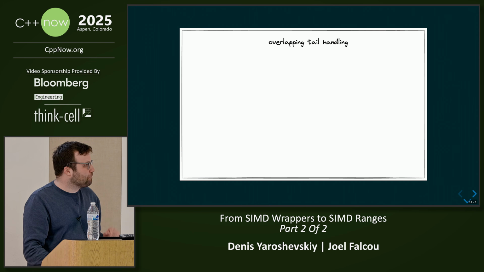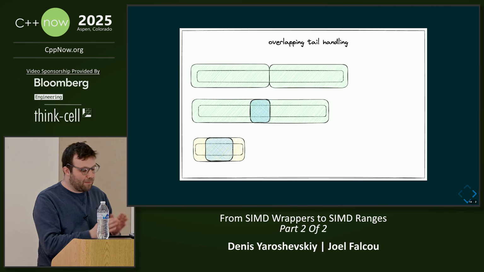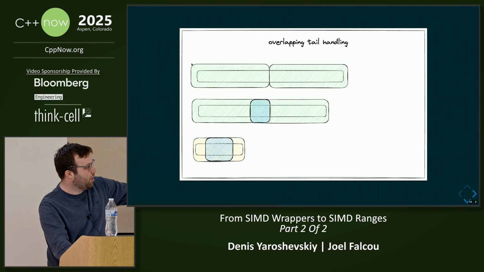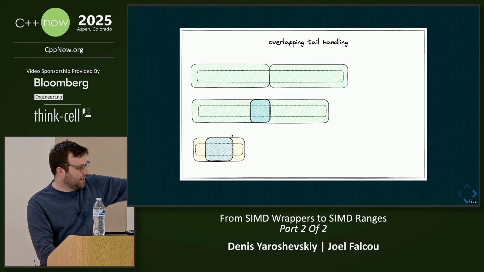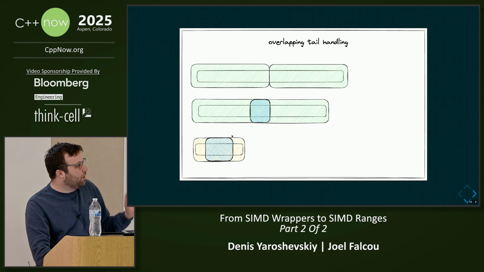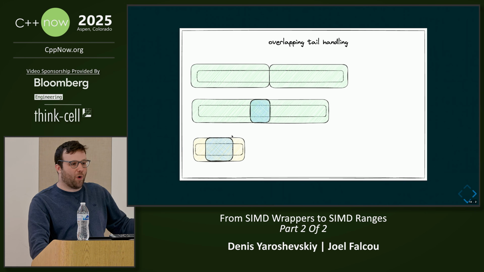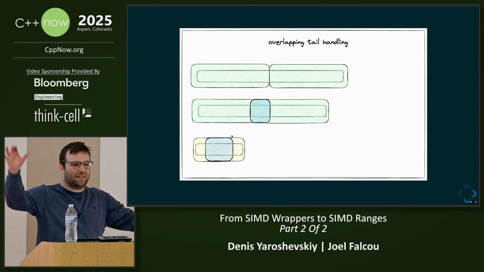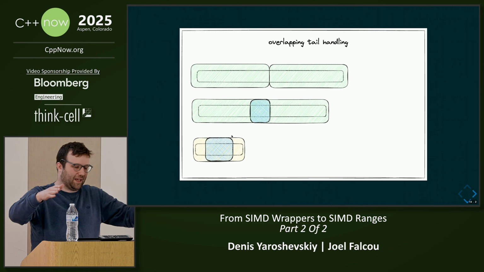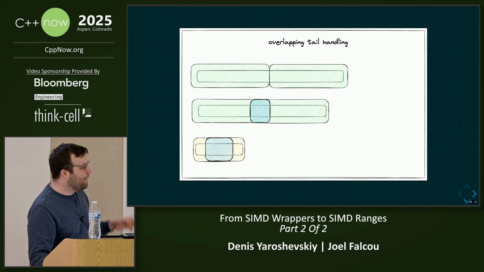The final one is overlapping tails. Remember we had this picture. So we had two registers that were overlapping and you had the dispatch. On the surface, this seems like it's just strictly worse than scalar in terms of the interfaces, because now you don't only support scalar and SIMD, you have to support everything in between, like you have all the cycles.